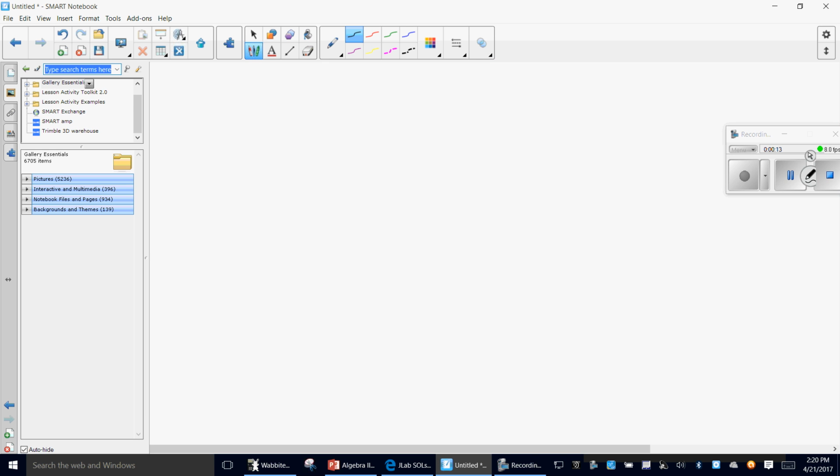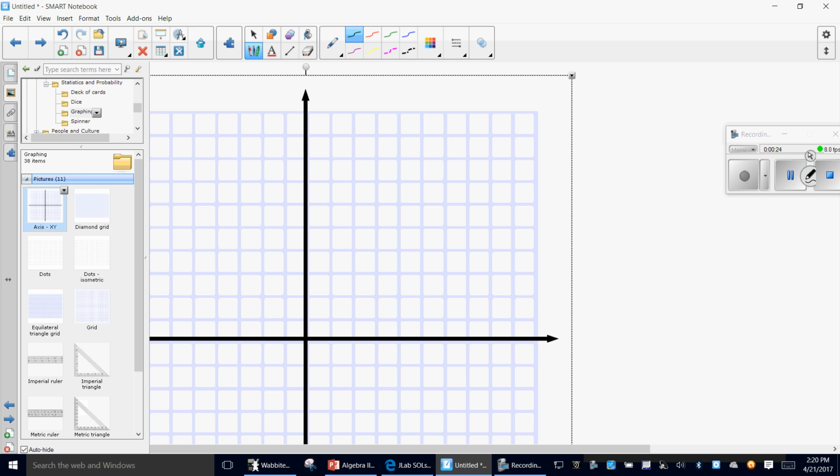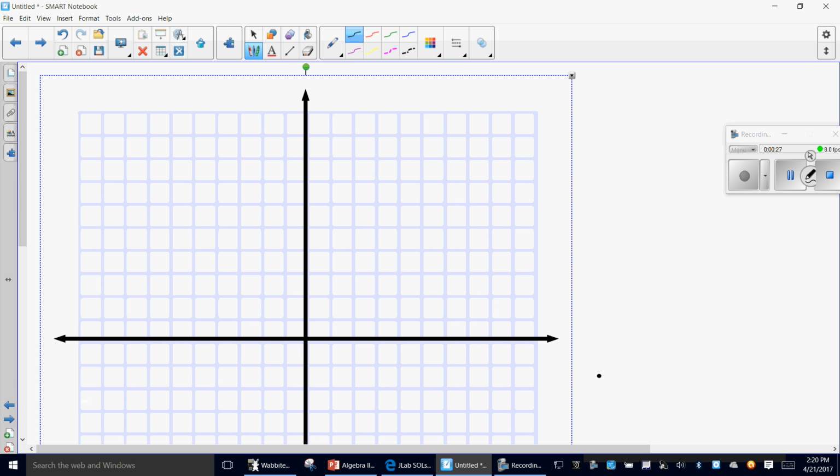So I'm first going to pull up, let's see, oh, this will work. All right, if I asked you to find the domain and the range to those points, on your scrap paper, take a second and find.